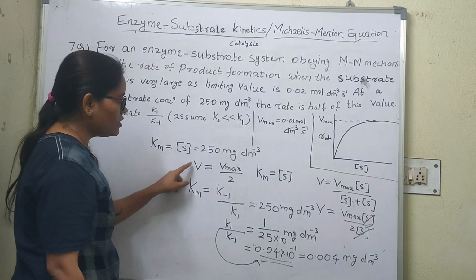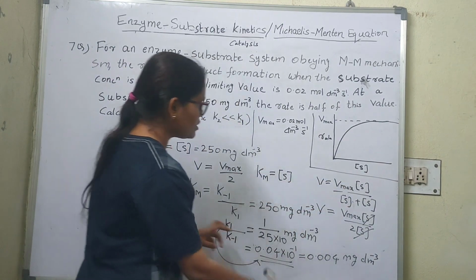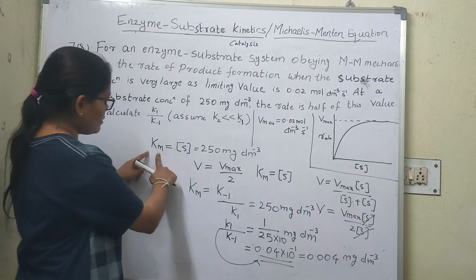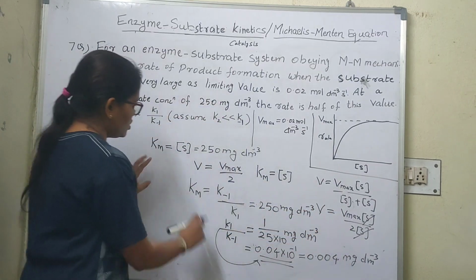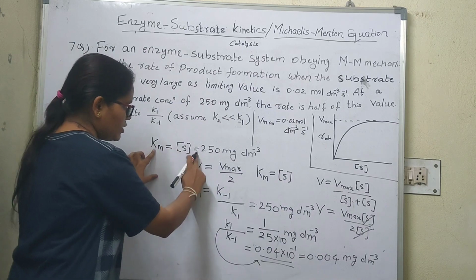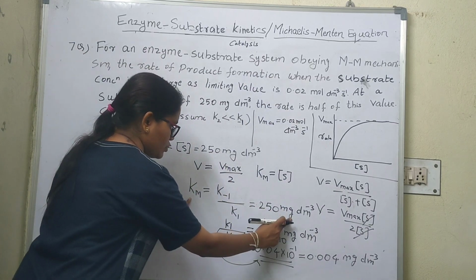But we know that V becomes equal to Vmax by 2 when Km becomes equal to S. So Km will be 250 milligrams per decimeter cube.